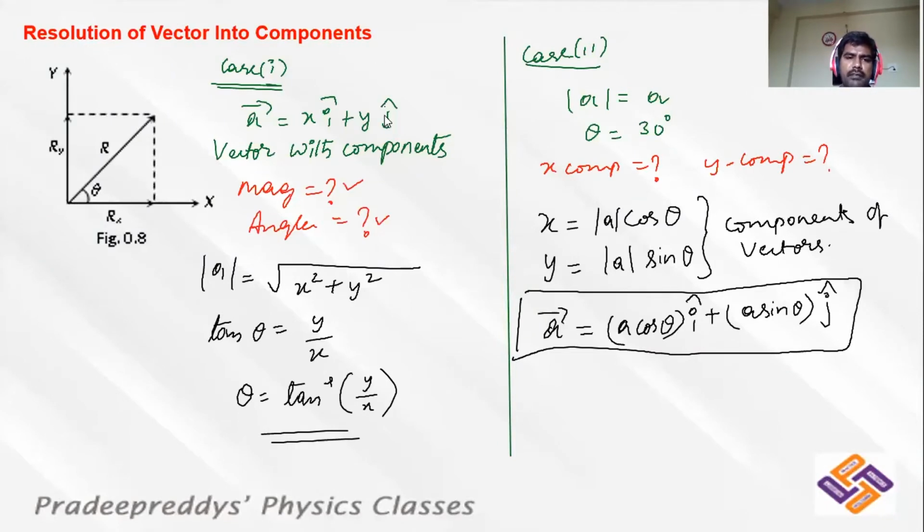If the vector is given to you, you can find out its magnitude as well as angle. The second way is simply known as resolution of vectors. If a magnitude is known, you can resolve that vector into its components.